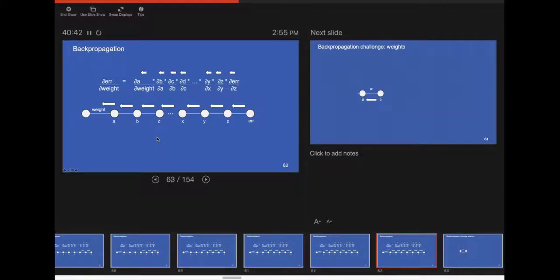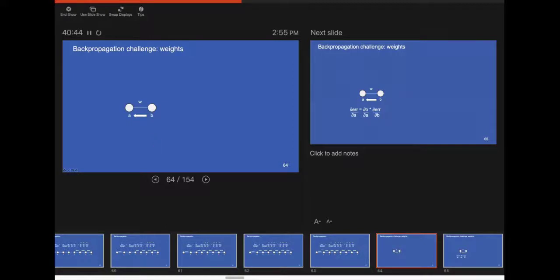In other words, let's look at a very simple picture. This is just one arbitrary piece from that chain. And the simplest possible case is that I want to compute the rate of change of error with respect to A, where I know the rate of change of error with respect to B. So I know this quantity because of the previous chain link.